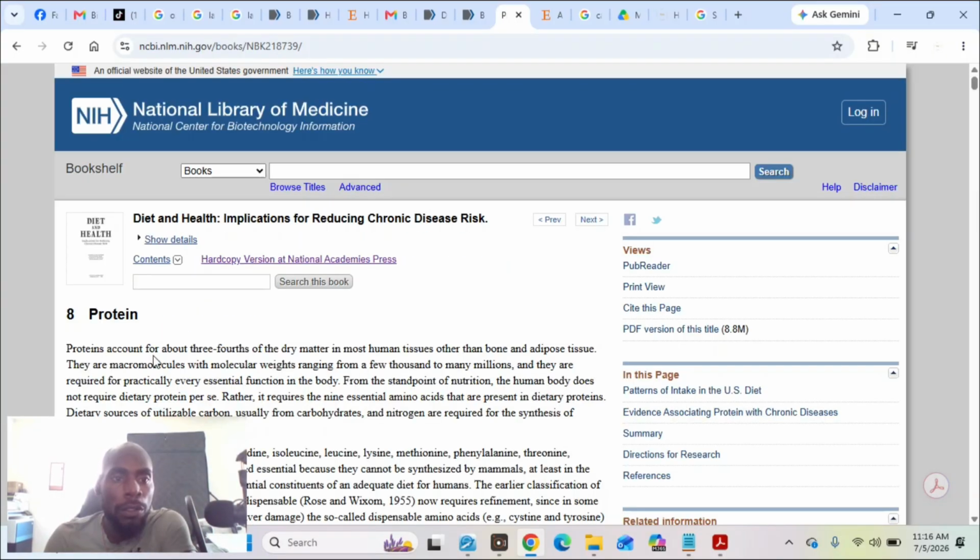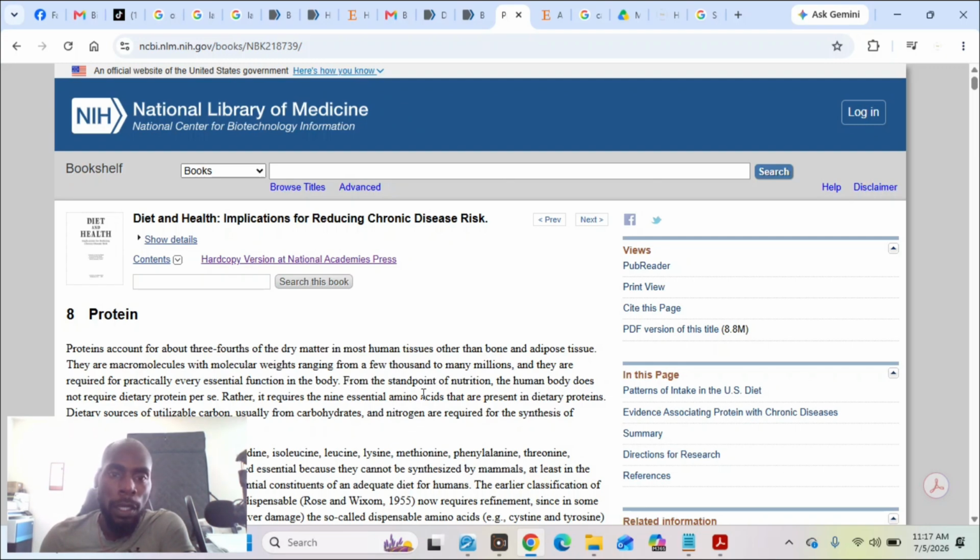Proteins account for about three-fourths of the dry matter in most human tissues other than bone and adipose tissues. They are macromolecules with molecular weight ranging from a few thousand to many millions. And they are required for particularly every essential function in the body.